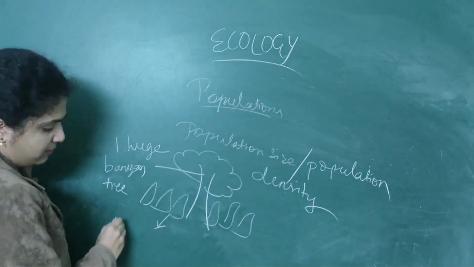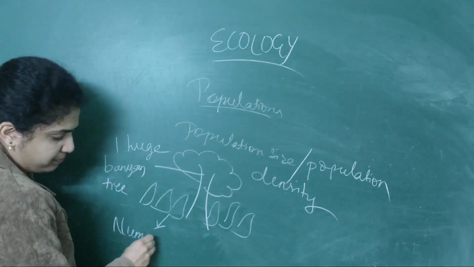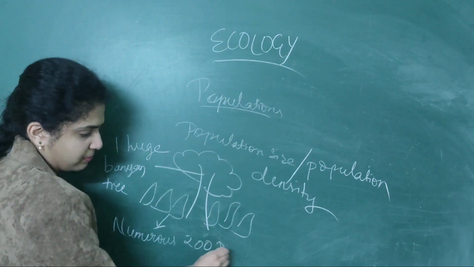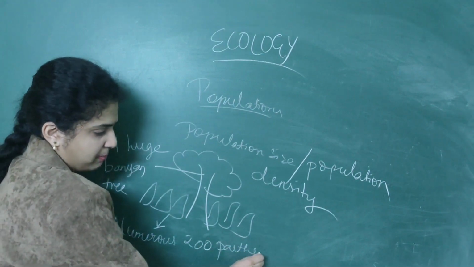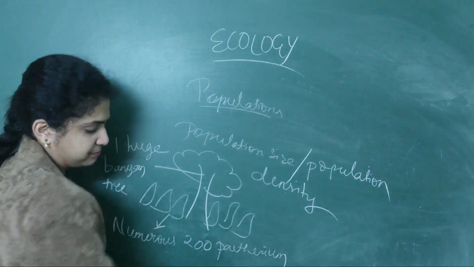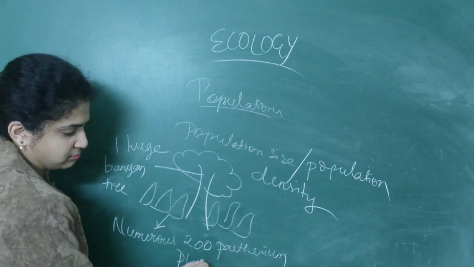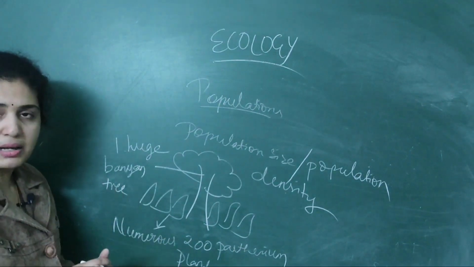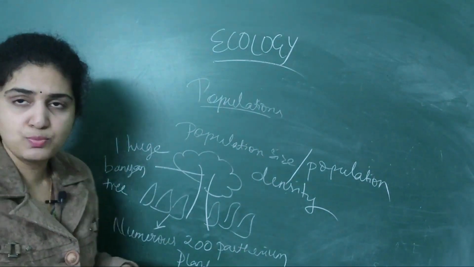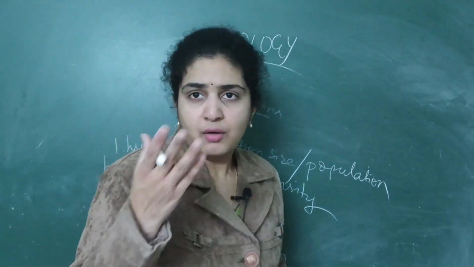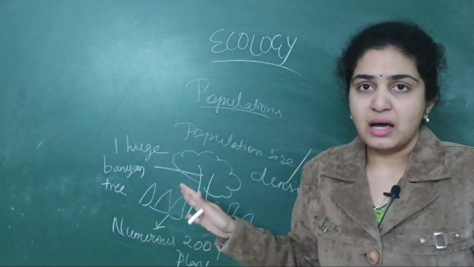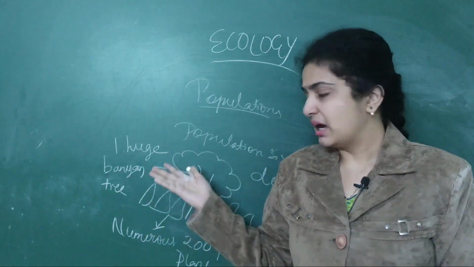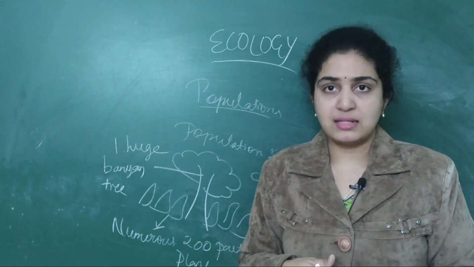And about 200 Parthenium plants were present. So when 200 Parthenium plants and only one single huge banyan tree is present, will you say that Parthenium plants population is more and banyan tree population is less?